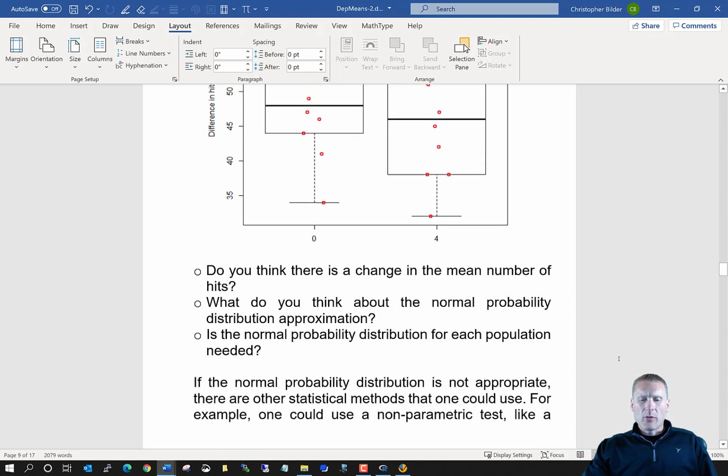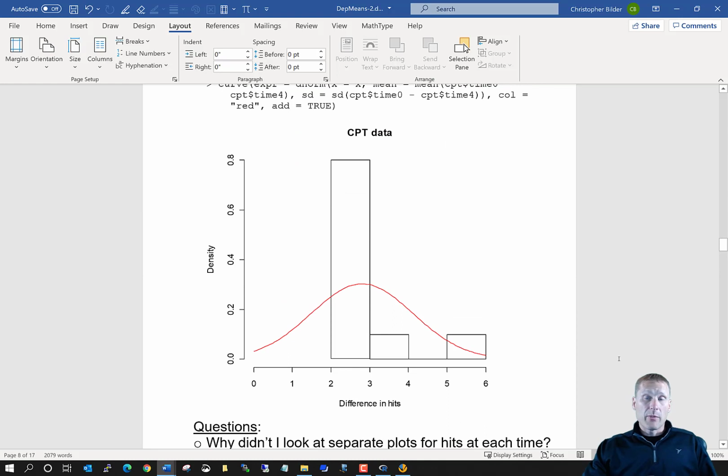So what do you think about the normal probability distribution approximation? Remember, that would essentially be an assumption for working with the t-distribution in this case, and we do have a sample size less than 30. Obviously, we have some issues here with this normal probability distribution assumption. Again, as I've described in the past, fortunately these kinds of confidence intervals, the corresponding inferences, are often referred to as robust to non-normality.